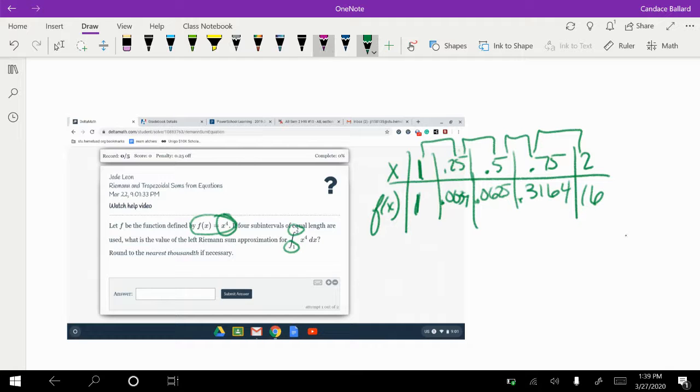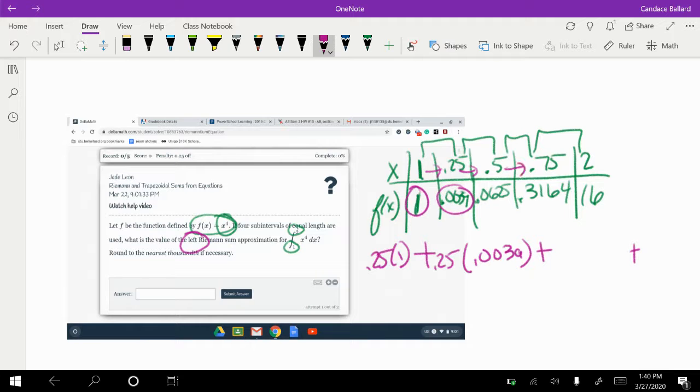I have to do a left Riemann sum, so I'm coming at it from the left. I know I only need 4 subintervals, so I'm going to make places for 4. My distance in between this first one is 0.25, and then the height is 1. My distance in between the next one is 0.25, and then the height is 0.0039.